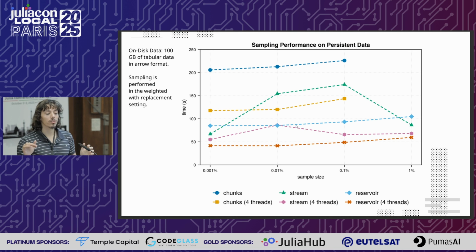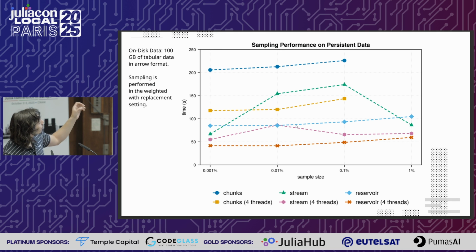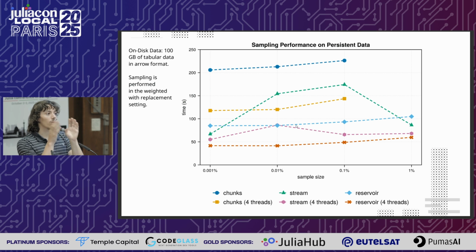And here you can see, for example, the performance on some persistent data, 100 gigabytes of tabular data in a raw format. You can see that the chunk methods, which use population methods on chunks of the population and then combine the various samples to obtain the final sample, are much slower than the methods of StreamSampling.jl.